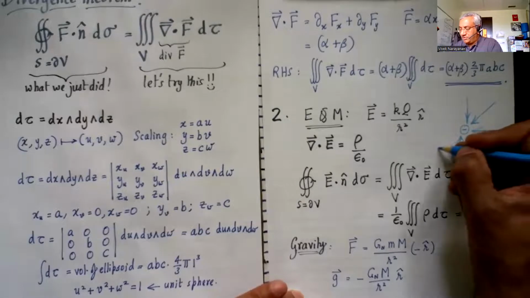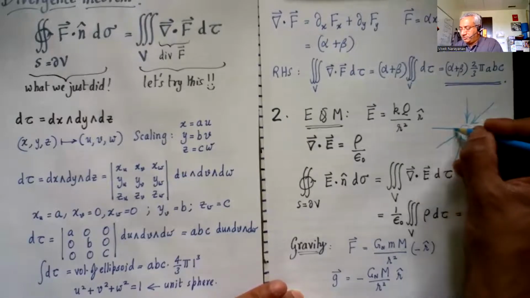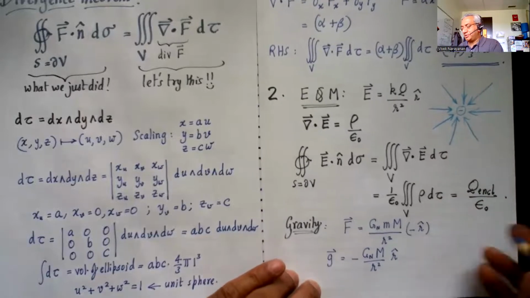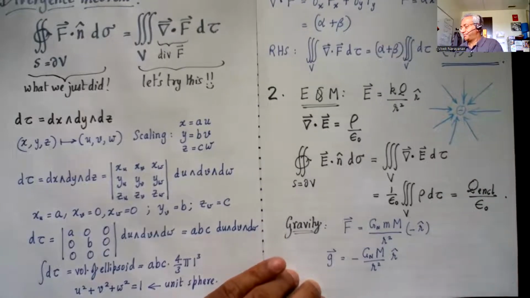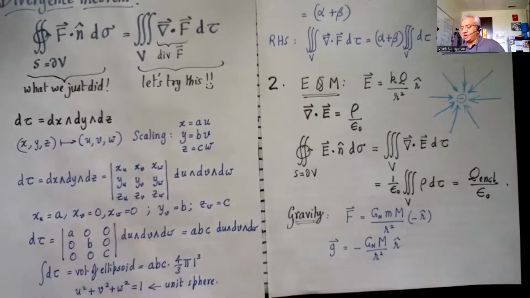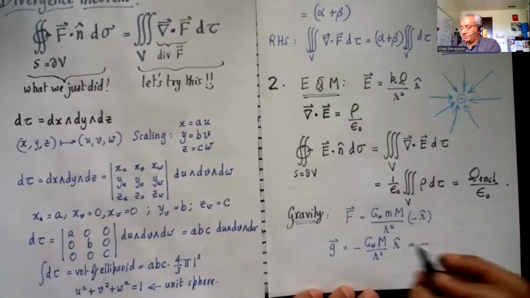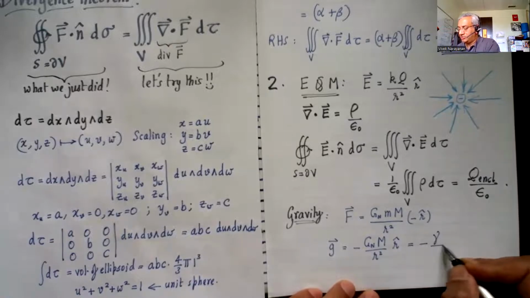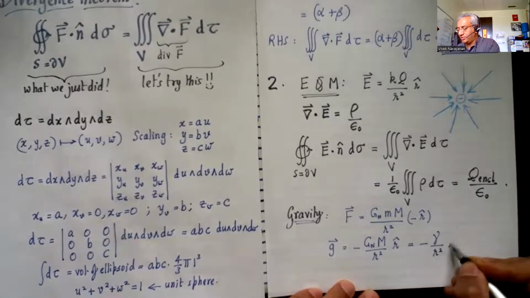A negative charge will suck all the positive test charges toward it, and the gravitational field behaves the same way. I won't draw the picture, it's the same picture. So how do we write down Gauss's law for this? For convenience, G sub n times m is sometimes taken to be called gamma. So this is gamma over r squared times r hat.